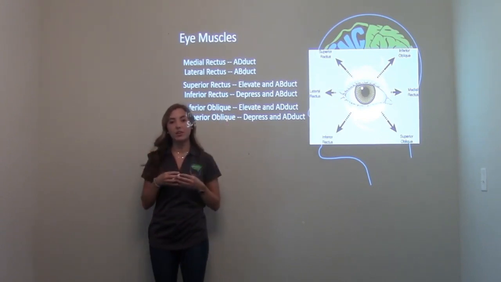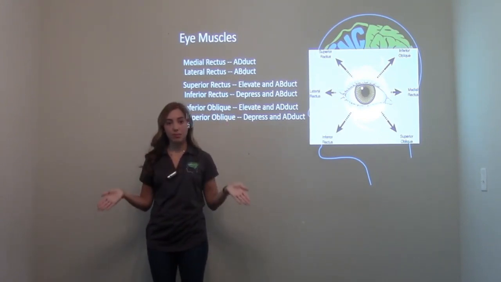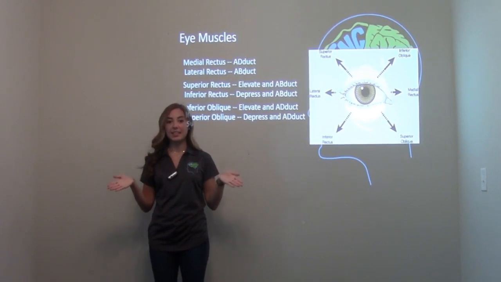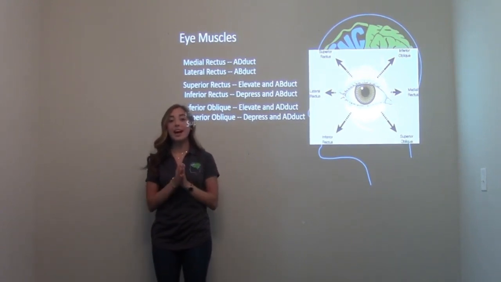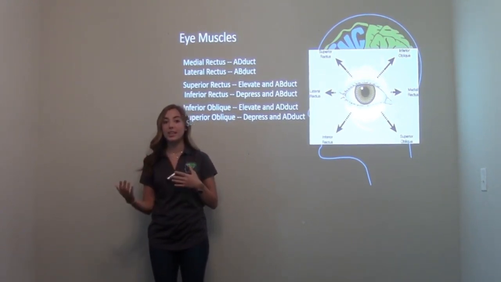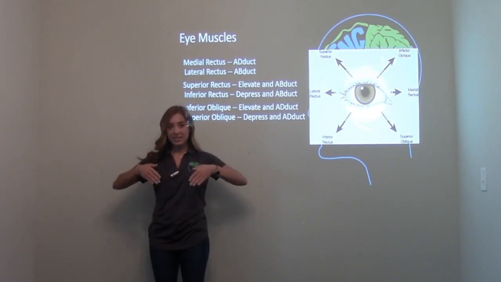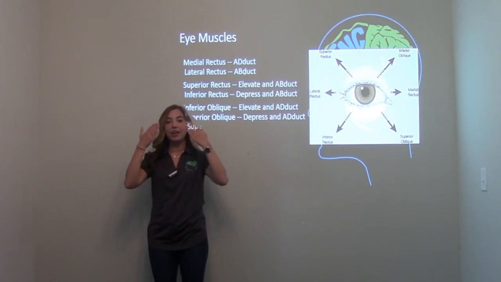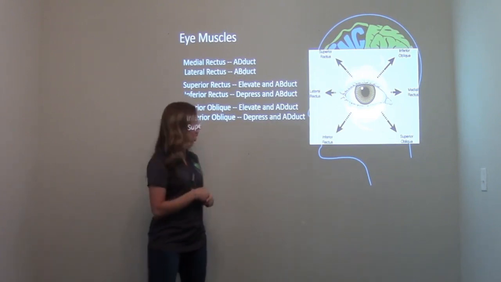Our inferior rectus is responsible for depressing our eyes in abduction. Our superior oblique is responsible for depressing our eyes in adduction, and our inferior oblique is responsible for elevating our eyes in adduction.